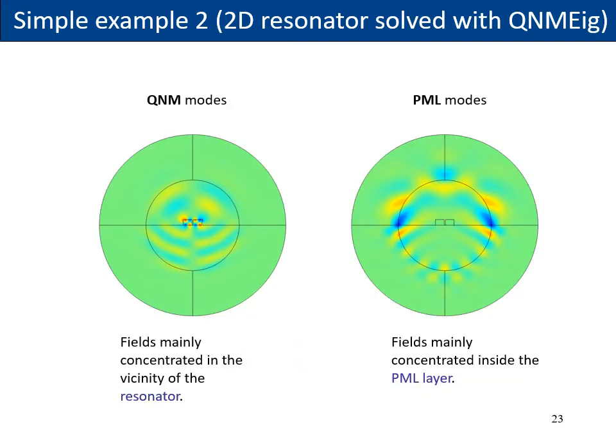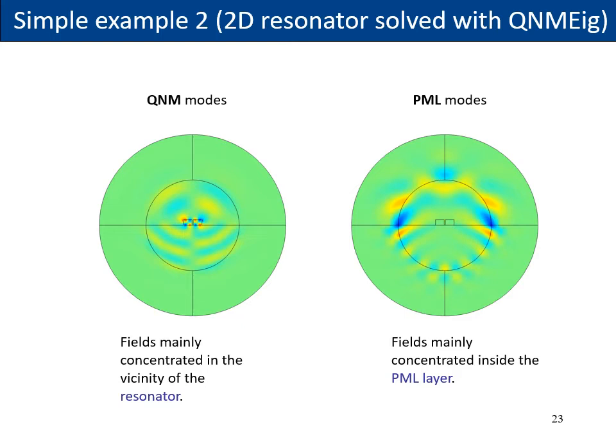So in general, there are two kinds of modes that can be found. The first kind of modes, we call them the quasi-normal modes. The fields of these modes are mainly concentrated in the vicinity of the resonator and have vanishing field inside the perfectly matched layer.